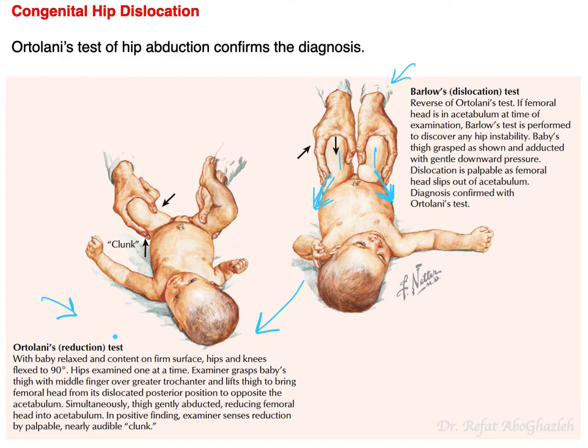You're trying now to relocate the dislocated hip joint, in which, as you see here, at first you flex the knee and the hip joint, and you are abducting the thighs away from each other, and with the middle finger you are palpating the greater trochanter in order to push the femur up from the dislocated location and bring it to the acetabulum.